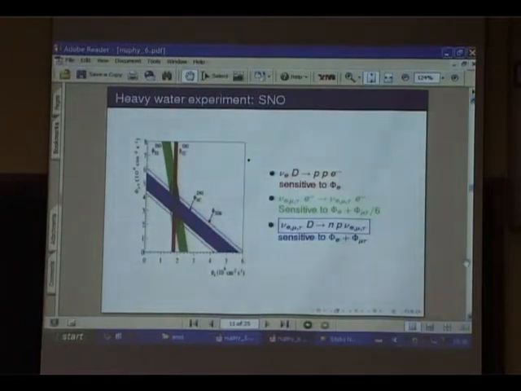So now at this point of time, we had discussion, right? We of course saw that gallium, chlorine, and water experiments gave us different results, different amounts of neutrinos. So one thing that we wanted to confirm was where did the neutrinos go? In the case of atmospheric neutrinos also, we knew they did not go to nu e, so we expected them to go to nu tau.